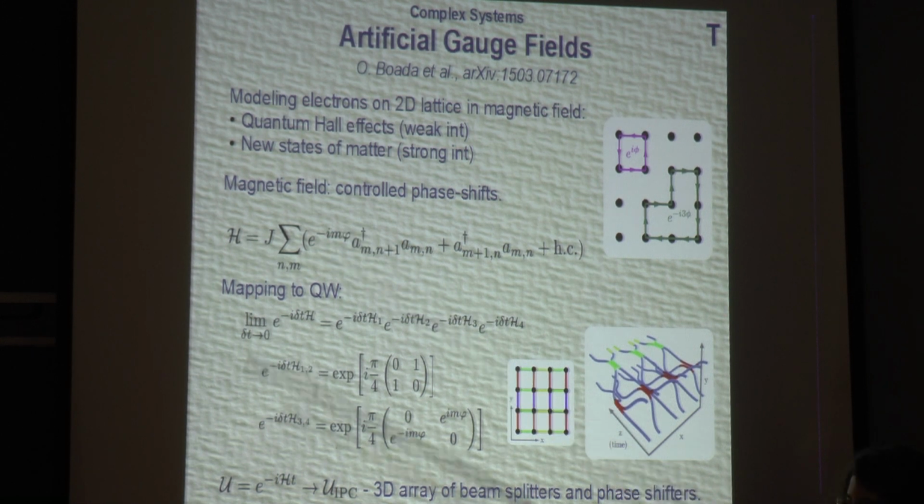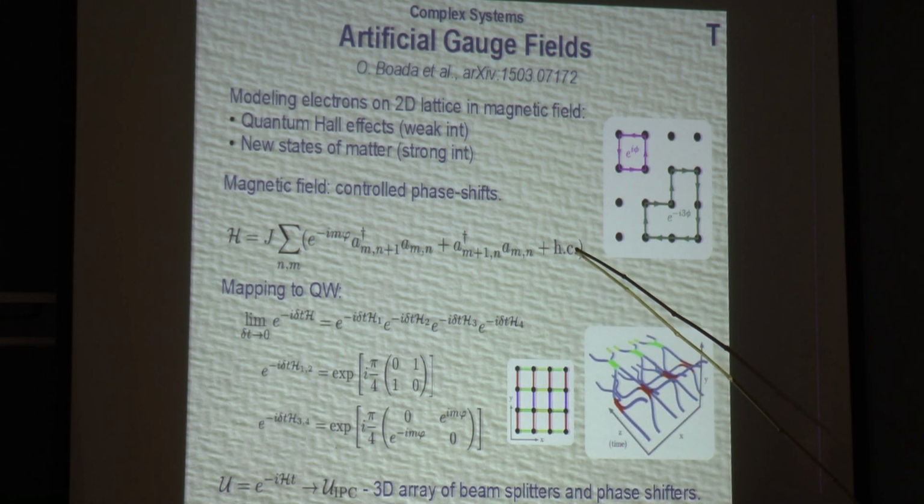They don't experience any magnetic field. This Hamiltonian describes accumulation of phase if we consider transition over loops in the two-dimensional lattices, two-dimensional graphs.